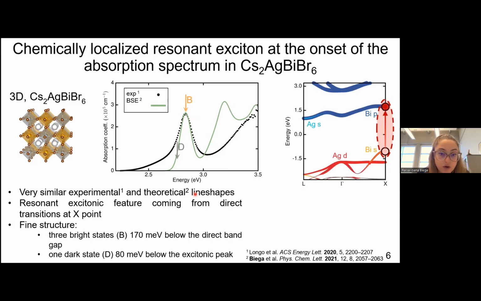We can also distinguish the fine structure of this peak, and in this particular example, it is made of three degenerate bright transitions. They are all here, and they give rise to this sharp peak. And there is another dark state that is basically localized before the excitonic peak.